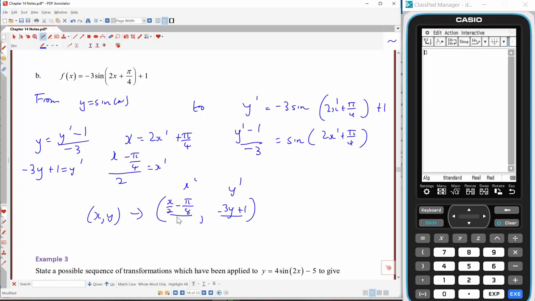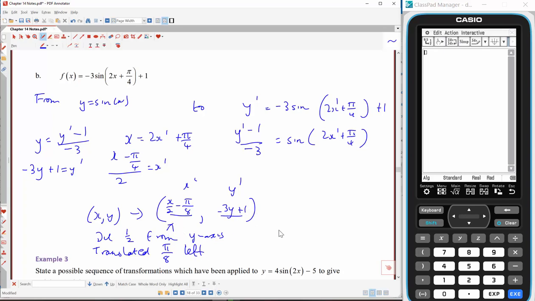All right, so now we can say our transformations. So this one here, let's start with x. We're going to say the first thing that happened was dilation factor half from the y-axis. Then what happened is it was translated pi on 8 left. Okay, so that's those transformations there.